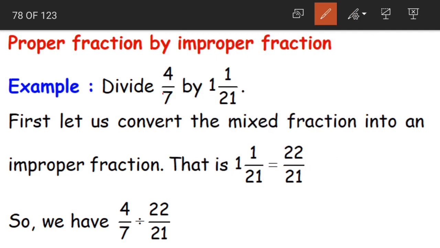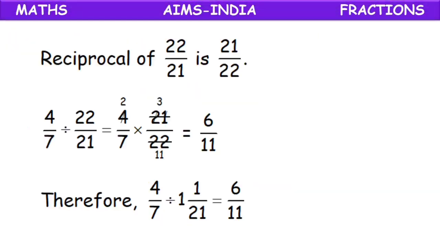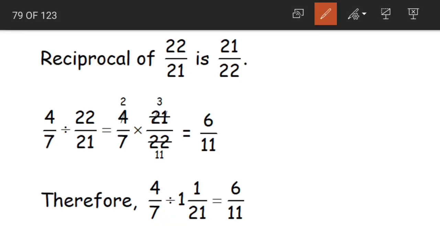Now what do we have here? 4 by 7 divided by 22 by 21. This mixed fraction 1 by 21 is converted into an improper fraction 22 by 21. Now again, how to divide this? The same, children. See, again 4 by 7, let me write here, 22 by 21.